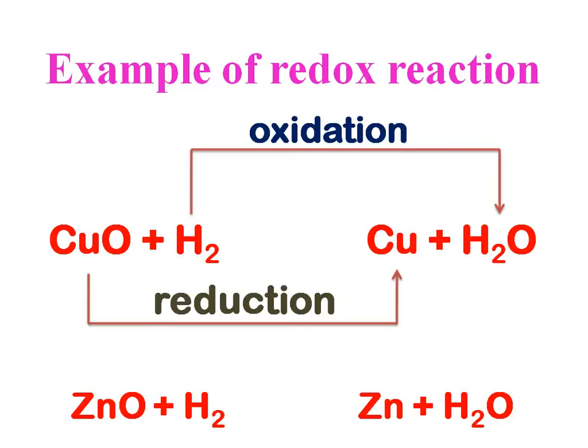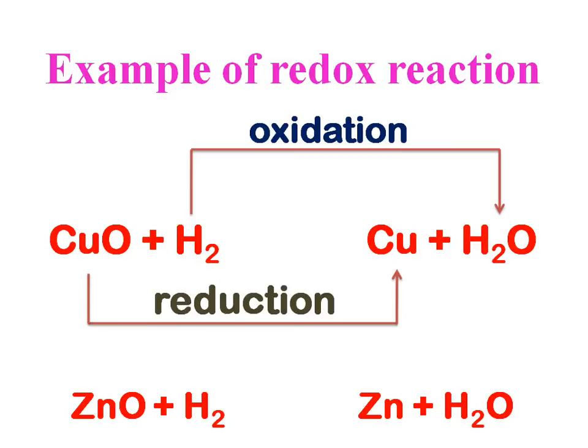So here the copper oxide is reduced and hydrogen is oxidized. So this reaction is an example of a redox reaction, because both reactions, reduction and oxidation, take place simultaneously. Such a type of reaction is called a redox reaction.